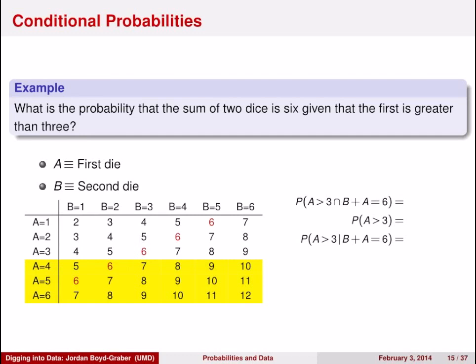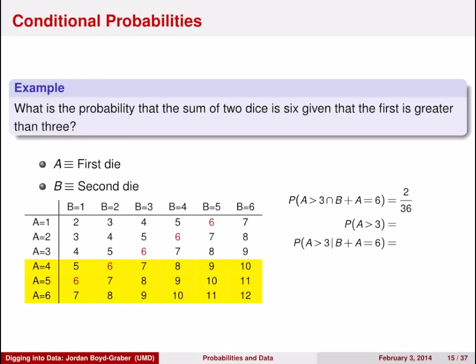There are only two ways to get the sum of the two dice being 6 when A is greater than 3. If A is 5, B has to be 1. If A is 4, then B has to be 2. So 2 out of 36 of our outcomes satisfy the condition that A is greater than 3 and the sum of the two dice is 6.